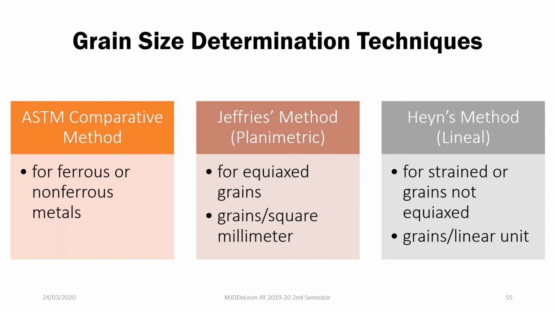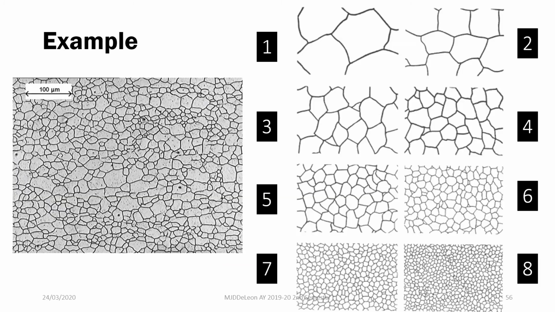You will learn about this in the future, hopefully, sa lab, ma-experience mo paano ginagamit. Meron tayo yung previous na method natin for ASTM na tinitingnan lang siya. We also have your planimetric and lineal methods in which tinitingnan natin yung area, yung planar and linear density ng grains natin for the different methods.